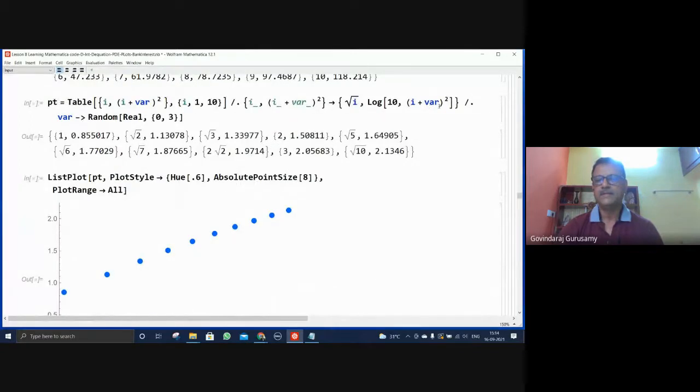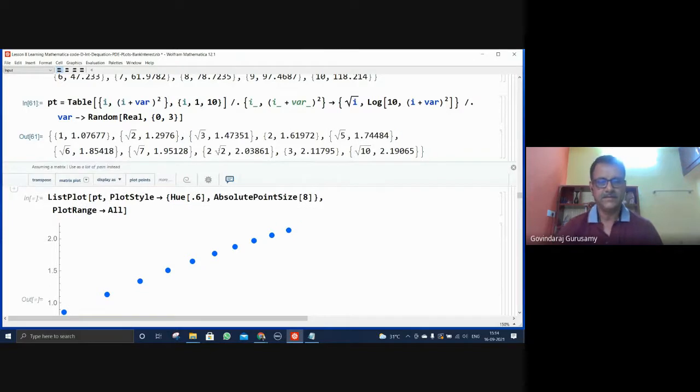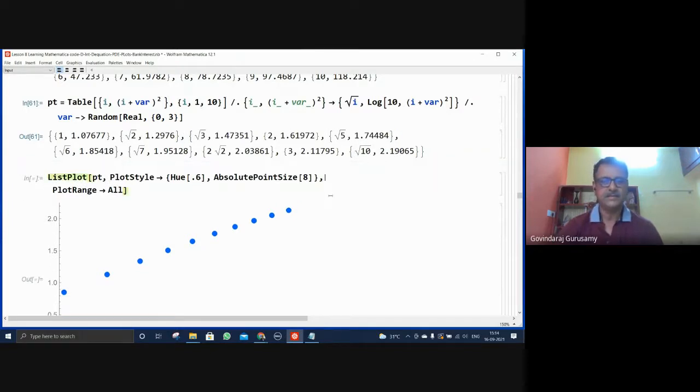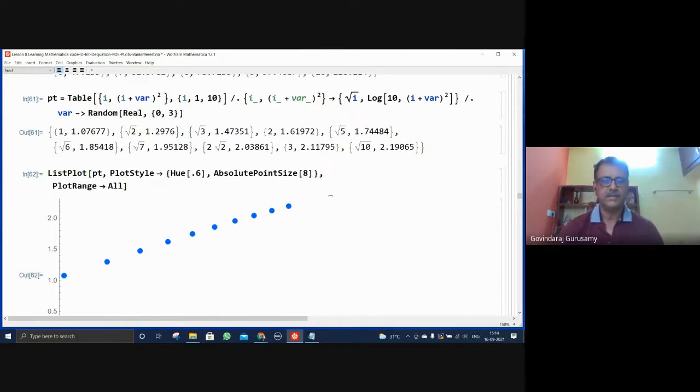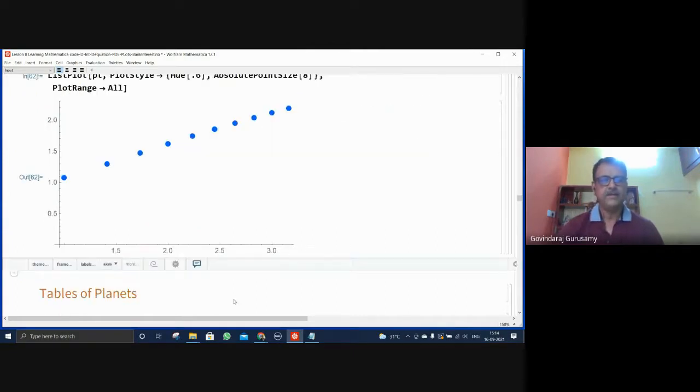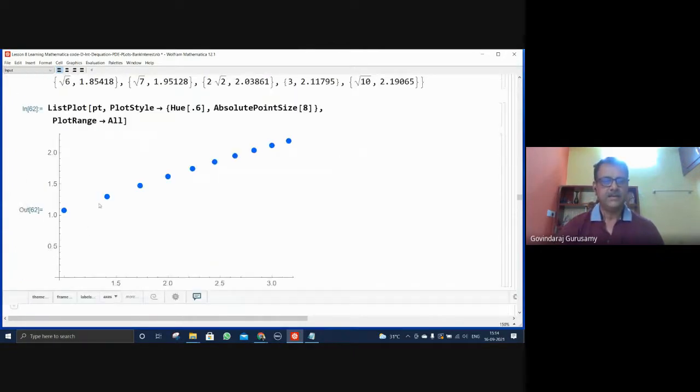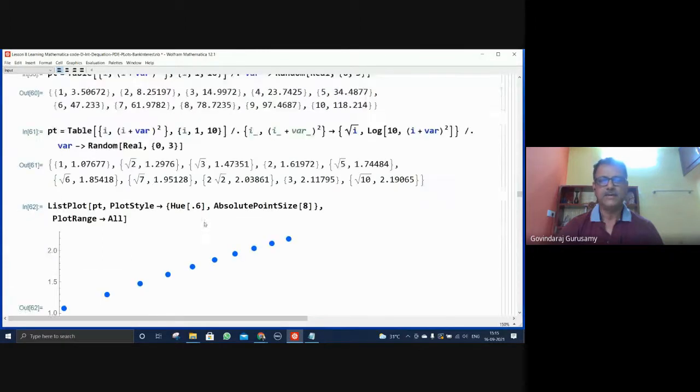So if I put the variable random between this, you will get this set of numbers that you can plot. That's what is asked, to plot it. This is the number that is generated: 1, 2, 3, 4, 5, 6, 7, 8, 9, 10, data from 1 to 10. That is what has been done.